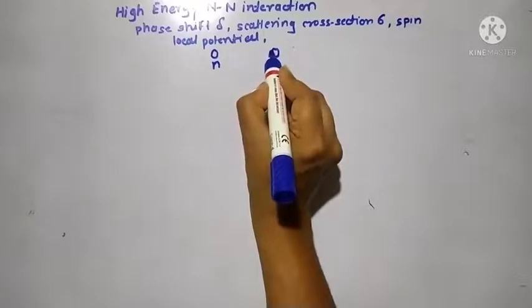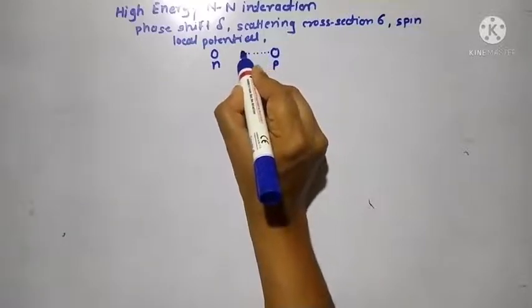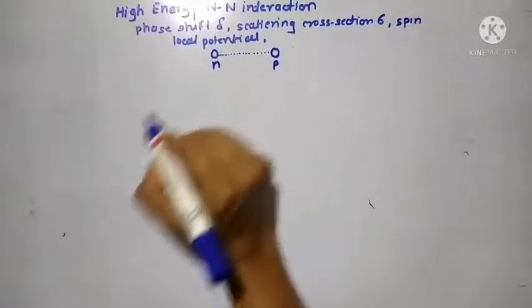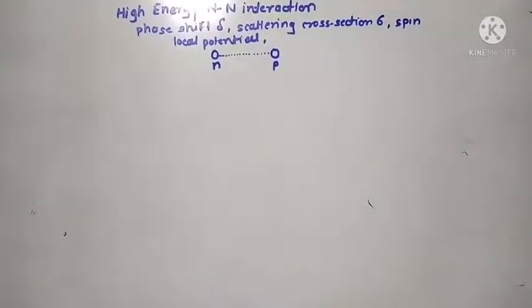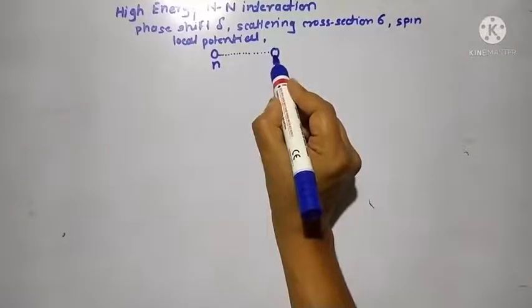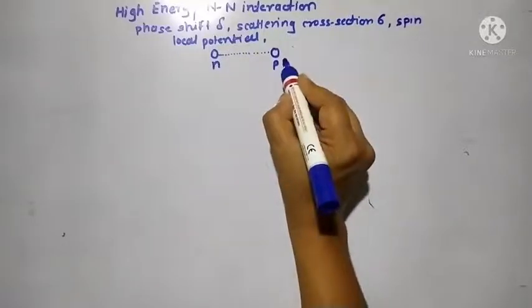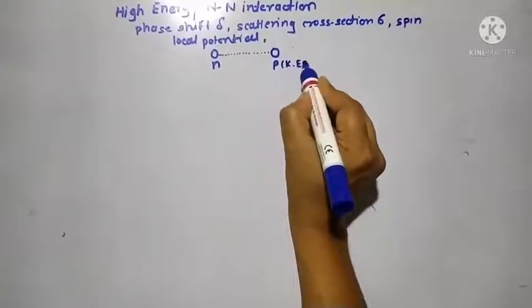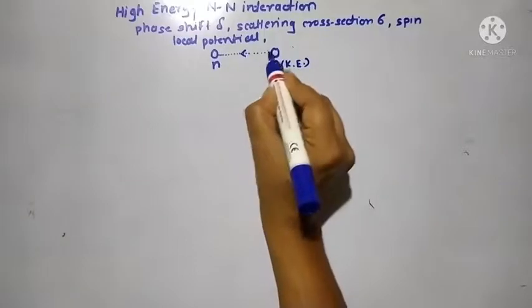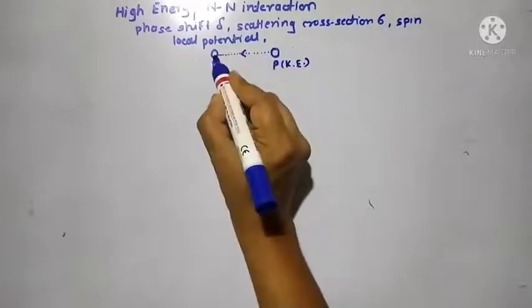So this proton is coming and it is trying to hit this neutron. Now what distance this proton will reach to this neutron will depend on the kinetic energy of this projectile particle. So this is a projectile particle and this is a target particle.